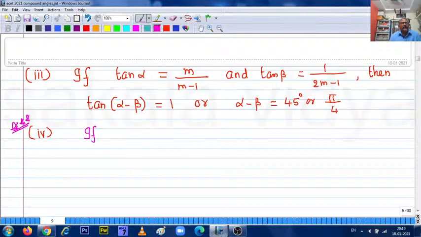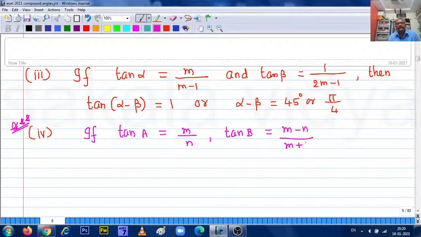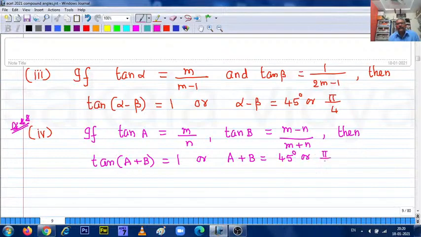So if tan A equals to m upon n and tan B equals to m minus n by m plus n, then tan of A plus B equals to 1 or A plus B equals to 45 degrees or pi by 4.